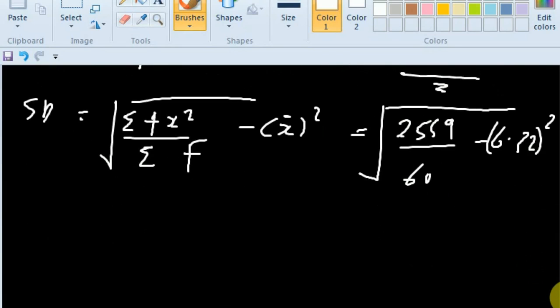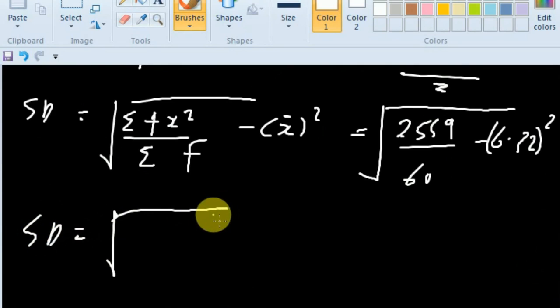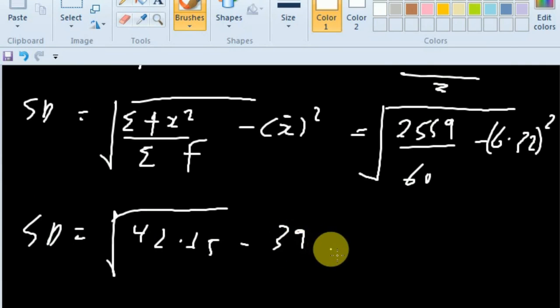So I'll say my SD is equal to 2559 divided by 60. The answer there is 42.65 minus 6.32 multiplied by 6.32. The answer there is 39.94.